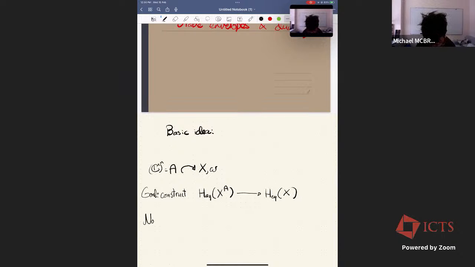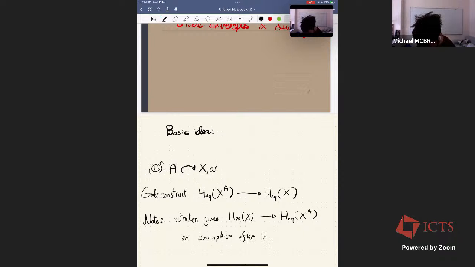And note that we already know some maps going the other direction. So we have restriction. Cohomology gives a map in the other direction. And this is an isomorphism after inverting some parameters, some guys inside the equivariant cohomology of a point.